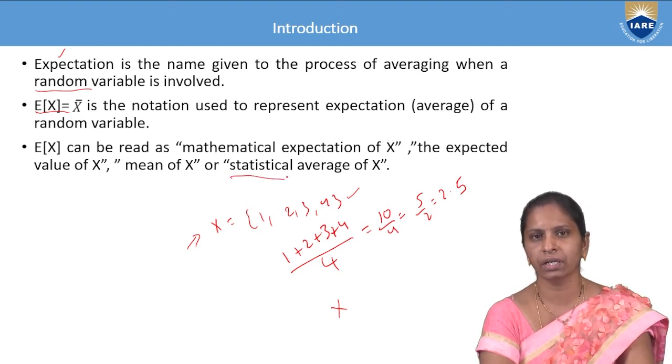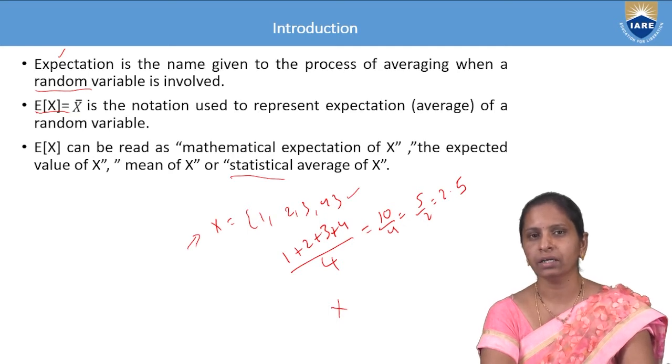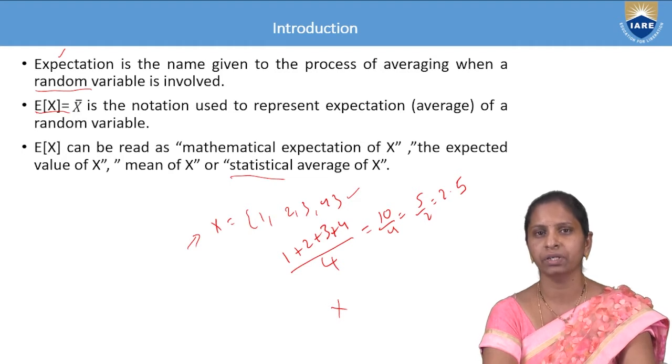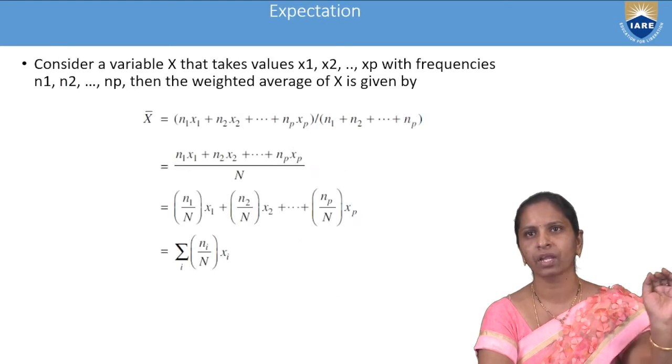So these are the different names given for the expectation of a random variable x. So simply expectation is nothing but a process of averaging if a random variable has been involved. Calculating the average of a random variable is called as the expectation. So this is the definition of expectation.